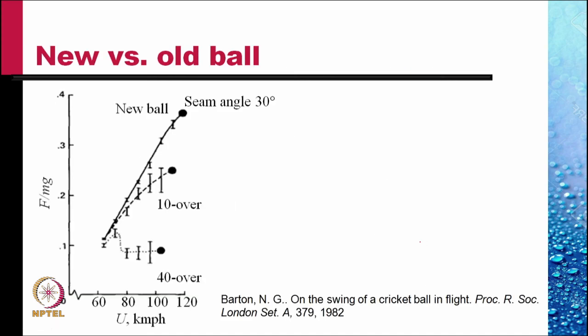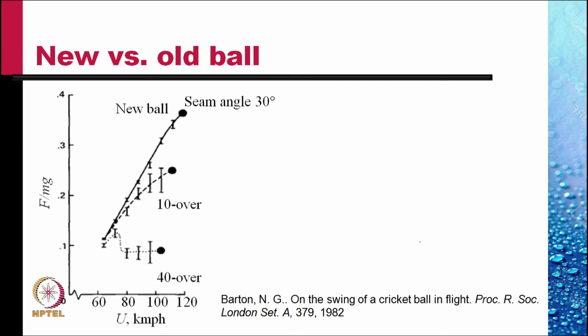This is also seen in new versus old ball. If the ball gets old, even after shining, the surface which we are trying to maintain smooth is no longer smooth.